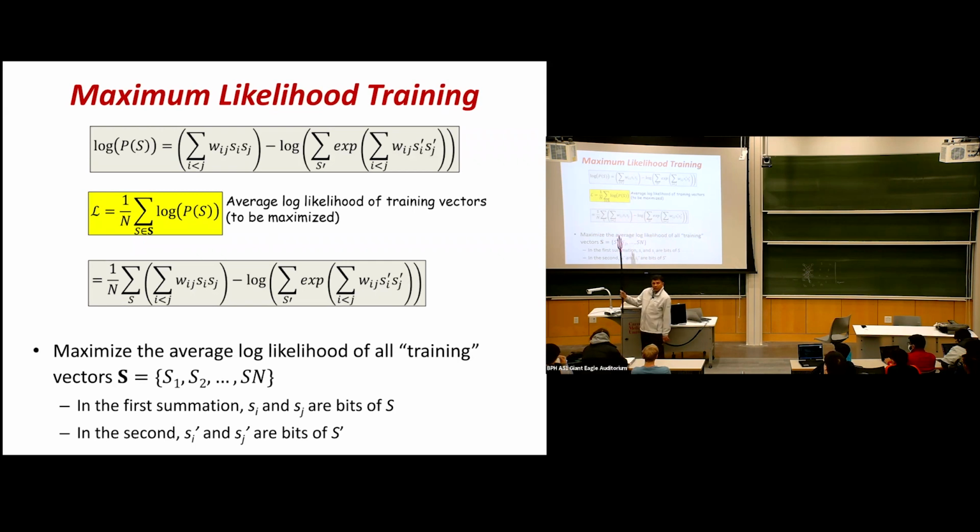The first term again is the weighted sum of pairs of bits over all pairs for the pattern, right? And the second term is the log of the sum over all patterns of e raised to whatever. Now the second term is common for all patterns that you're trying to store. It's only the first term that differs from pattern to pattern, right?